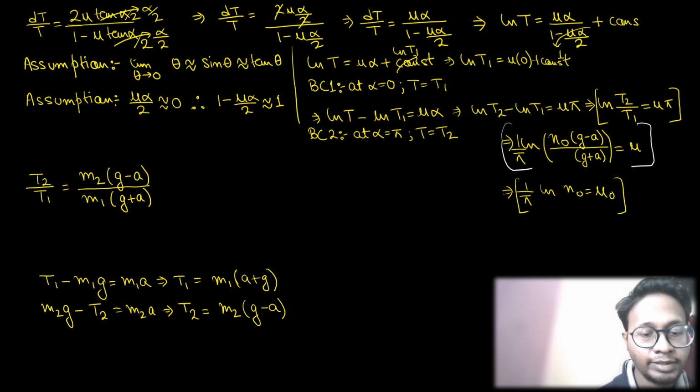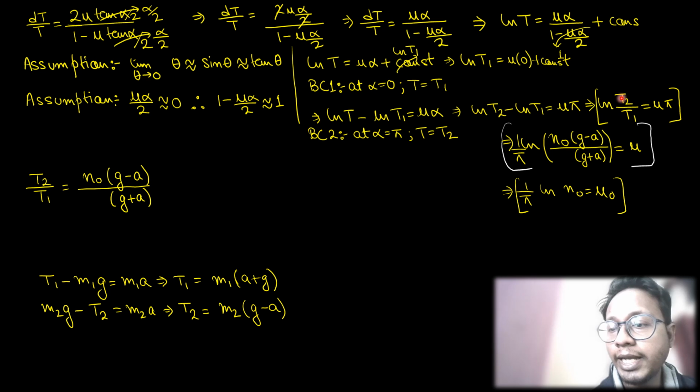Okay. Out here M2 by M1 is equals to n naught. That is given in the question. See out here. ln T2 by T1 is equals to mu into pi. So out here, can I write T2 by T1 is equals to e to the power mu into pi.